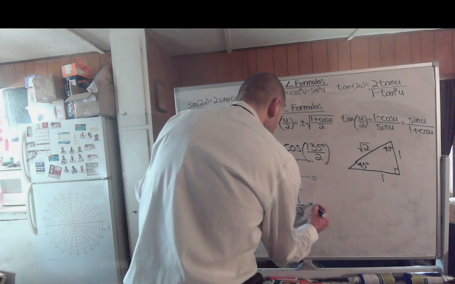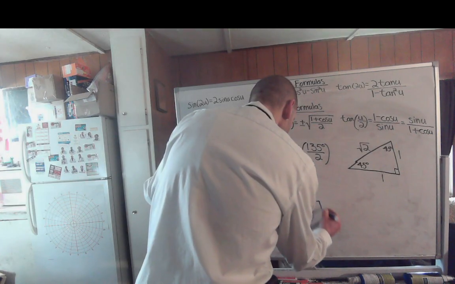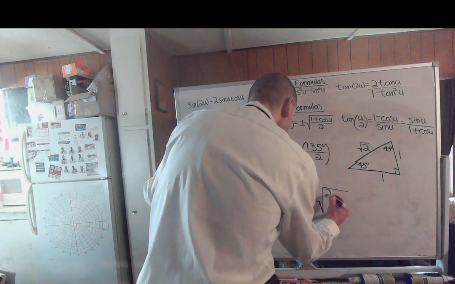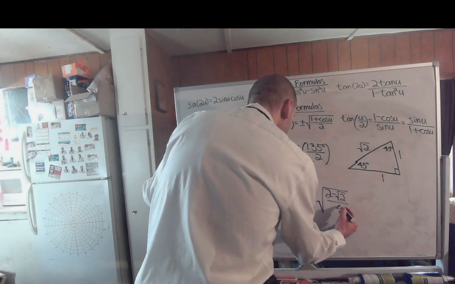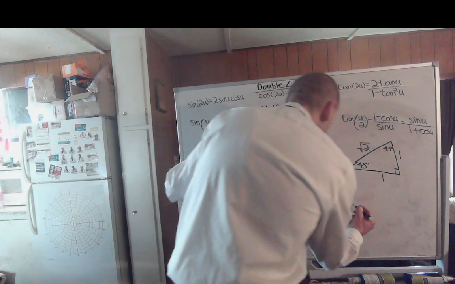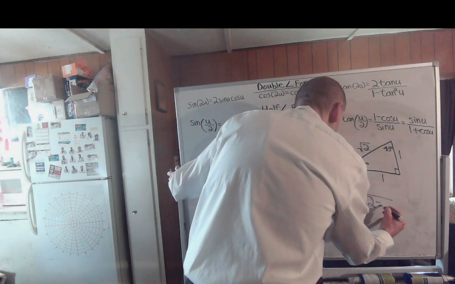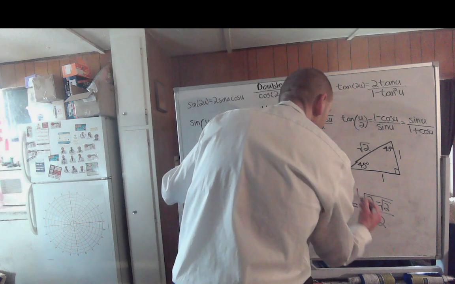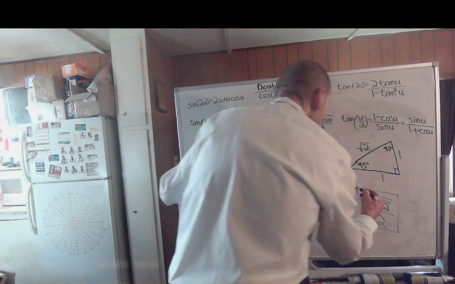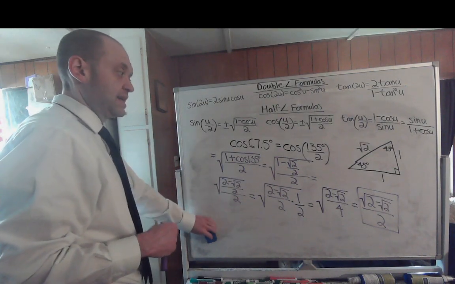So what you should end up getting then is the square root of 2 minus the square root of 2 over 4, which should simply give you the square root of 2 minus the square root of 2, all that all over 2. That would be your cosine of 67.5 degrees.